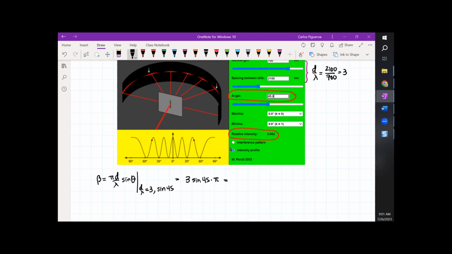Let me get my calculator here and calculate this quantity. 3 times the sine of 45 gives us 2.12 pi, and this here is beta.